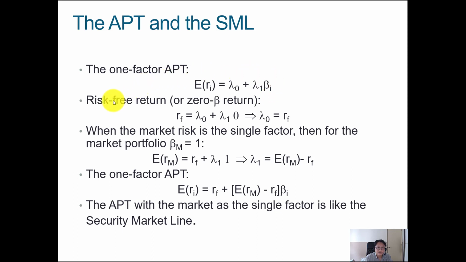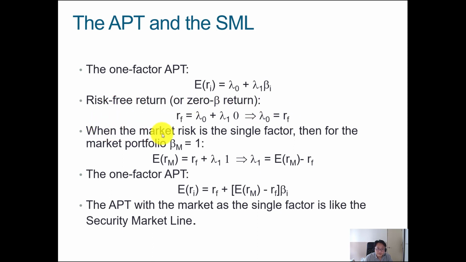If we talk about a risk-free return, that means beta equals 0. So we take the same formula and set beta equals 0, because this is about the risk-free return. We see that lambda naught equals the risk-free rate, because lambda 1 times a beta of 0 just becomes 0, so lambda naught equals RF.